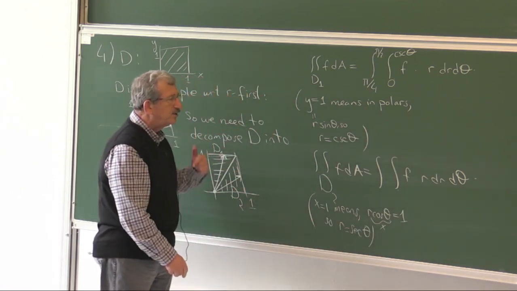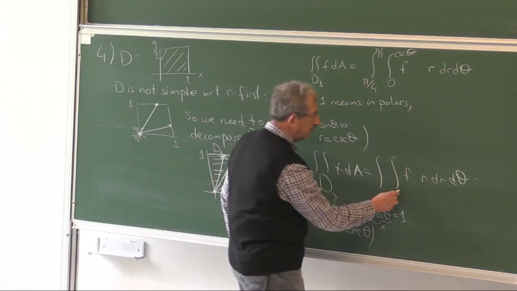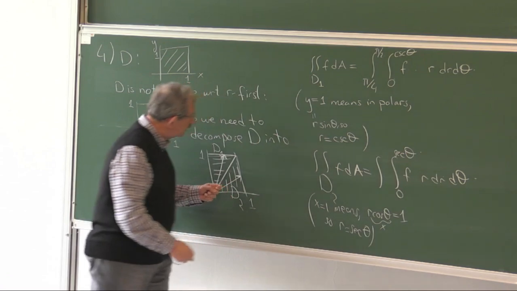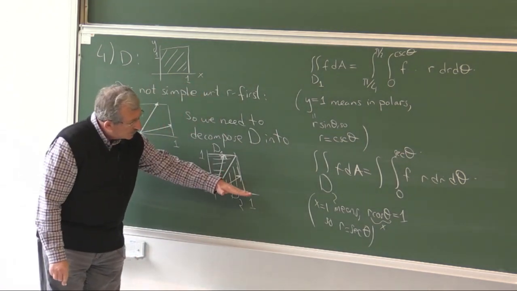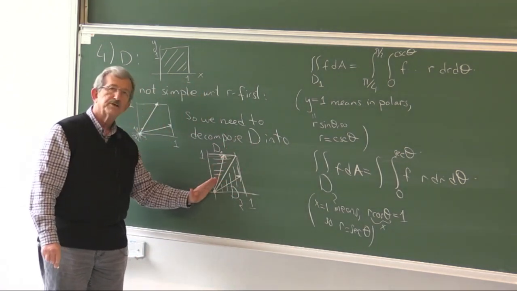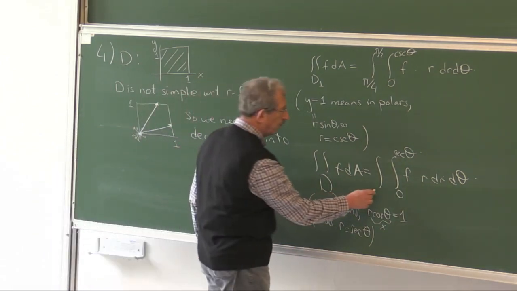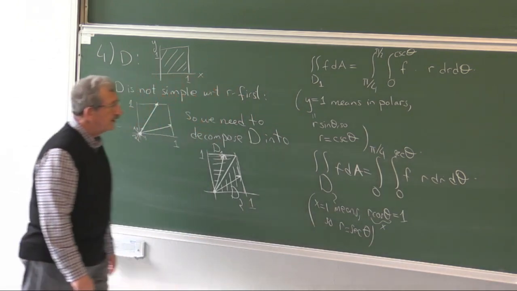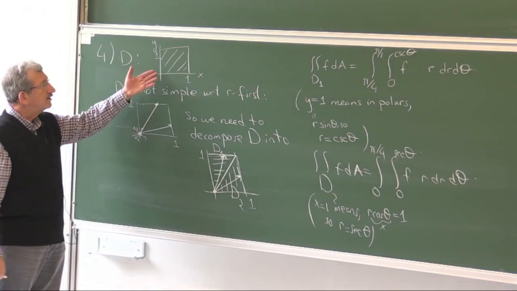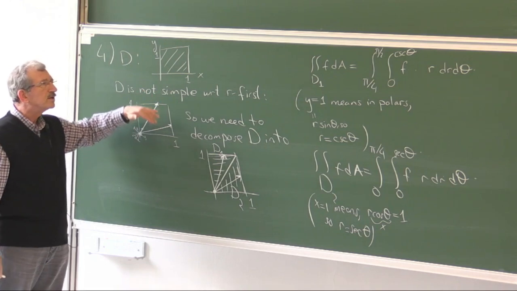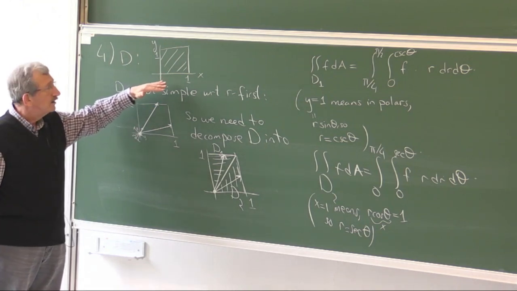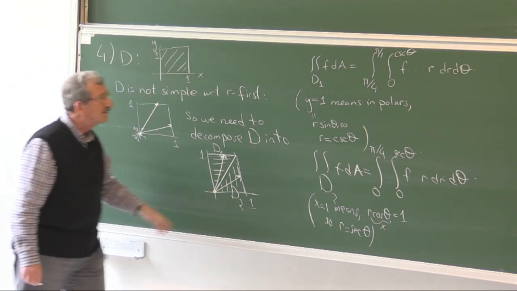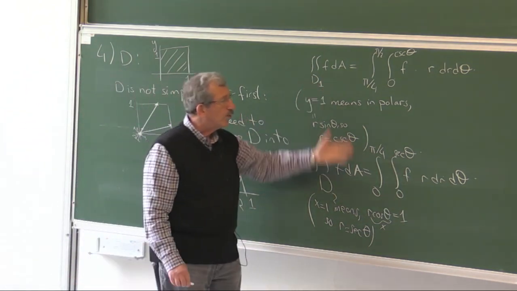So, R changed from 0 to secant of theta, and theta in D2 changed from 0 up to this angle, which is pi over 4. So you see, rectangles in rectangular coordinates were very simple to iterate, 0 to 1 and 0 to 1. That was it. But in polars, it's not even simple, and we had to work quite a lot.